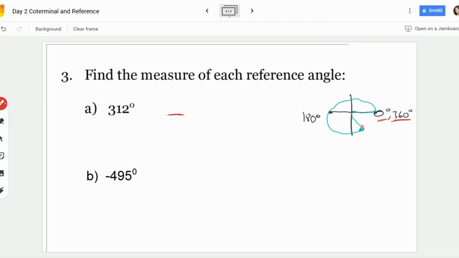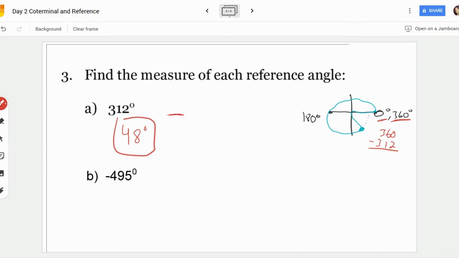So if you just figured out this distance, then that's your reference angle. Ultimately, you're just doing 360 minus 312. So you'd get 48. And that's your reference angle.